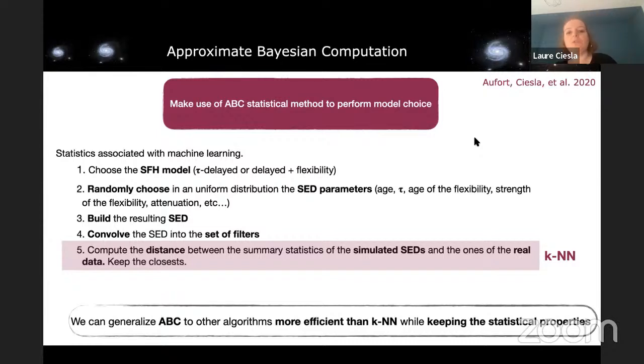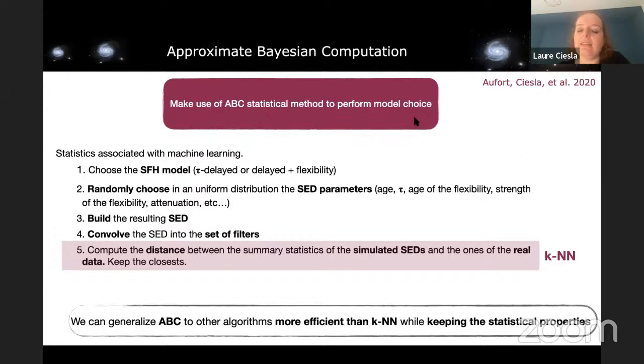It has been used on different occasions, and then with the statistician, we tried to see how we can use this for, I won't say the genetics of a galaxy population, but for recovering the history of galaxies. So this method will help us to perform model choice.